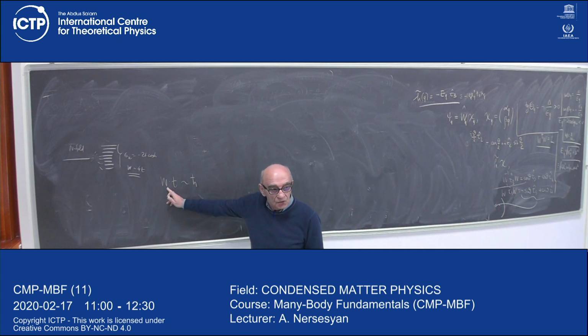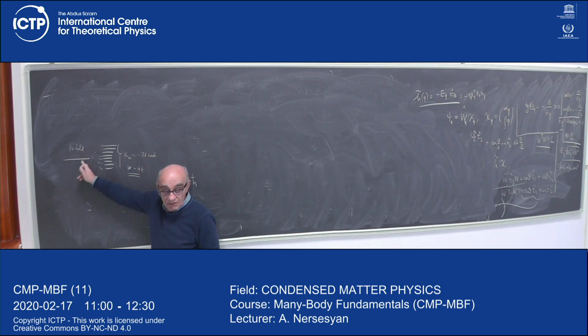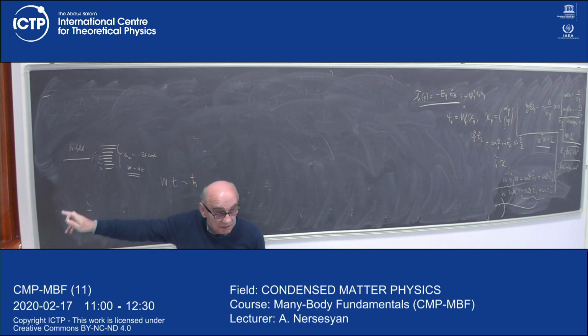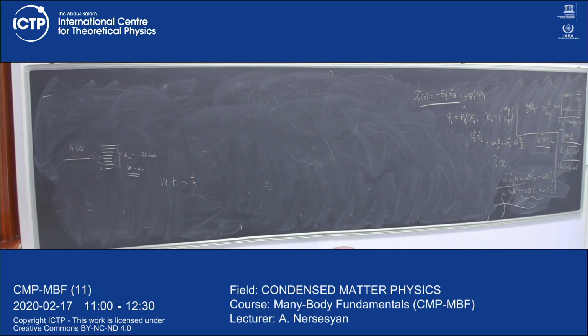When W goes to 0, that means you completely killed any tunneling. You go to the atomic limit. You forbid the electrons to hop from site to site. But this is the limit when all electrons are localized, so they will spend infinite time at their own orbitals without hopping to nearby sites.